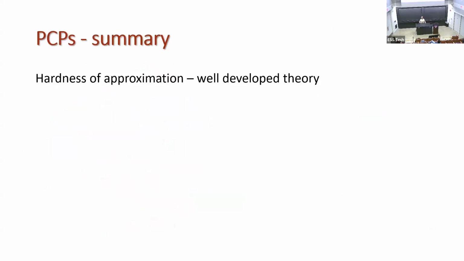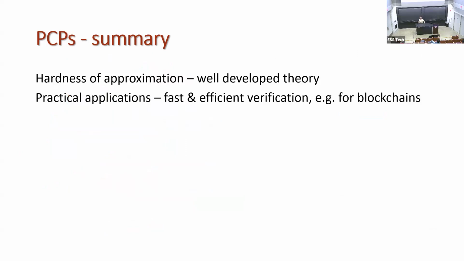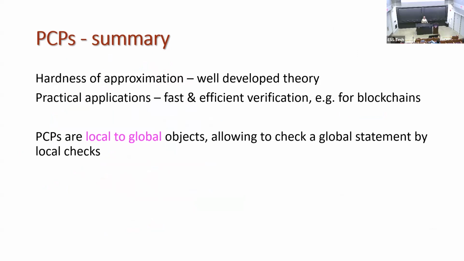Okay, so this is my last slide on PCPs. Basically, you have here this whole area of hardness of approximation. I only gave you one tiny part of it. It's a very well-developed area. There's also a lot of practical applications, like I told you. And if you think about it, what is a PCP?